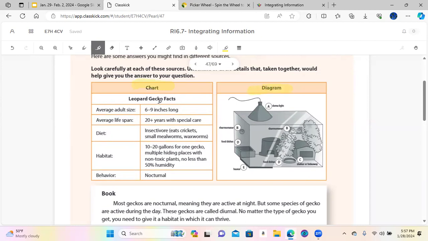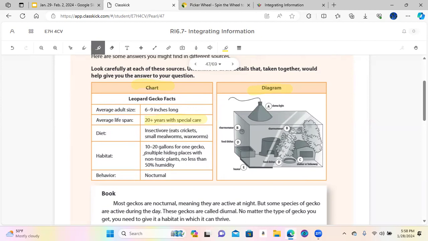So the chart says leopard gecko facts. Average adult size 6 to 9 inches long. Average lifespan 20 plus years with special care. Diet, insectivore. They eat crickets, small mealworms, waxworms.